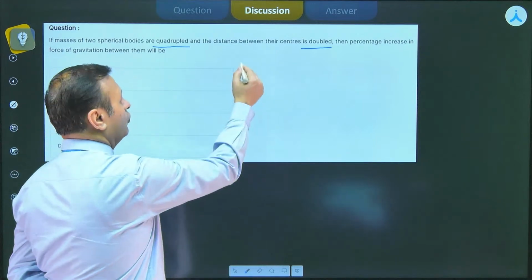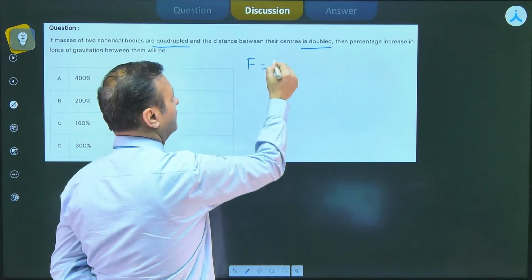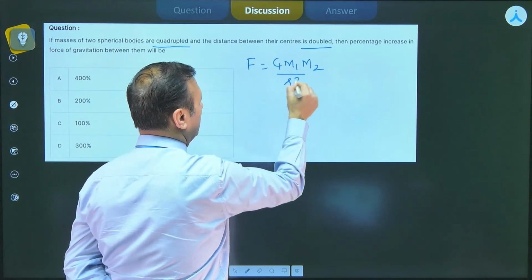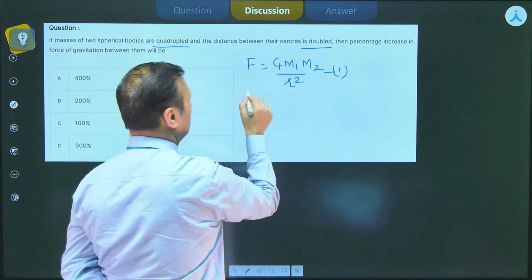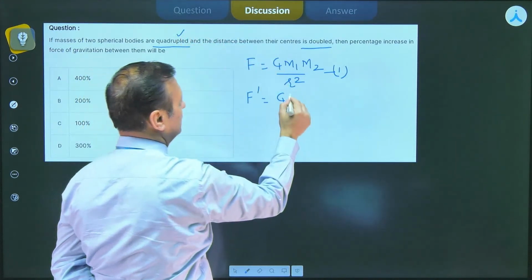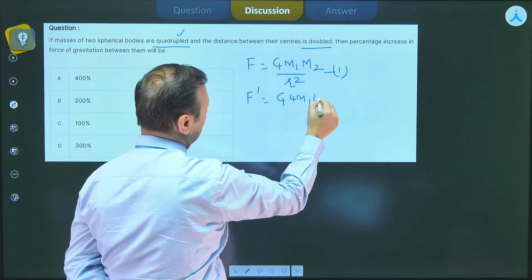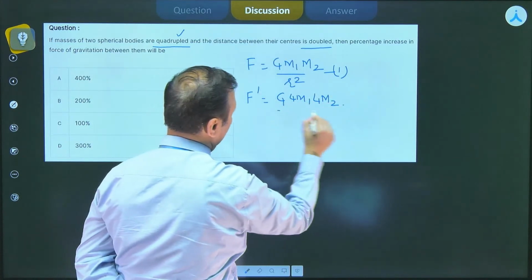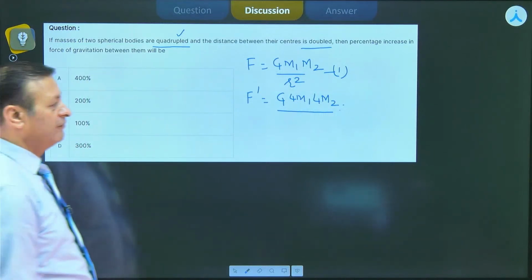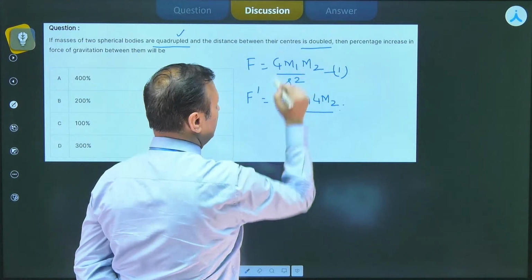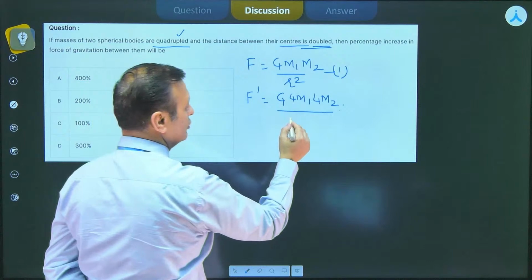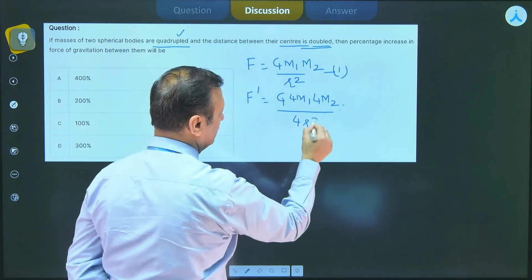So, we know F is G m1 m2 by r square. This is the first equation. For F dash, the masses are quadrupled, so these are multiplied by a factor of 4. So G 4 m1 4 m2 by, the separation is doubled, so 2r whole square.